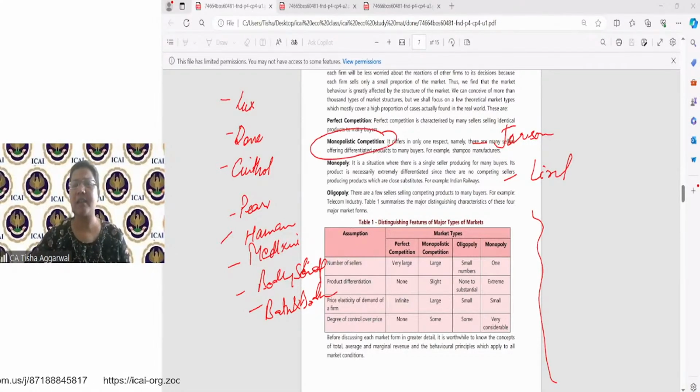Many products, differentiated products to many buyers. That is your monopolistic competition.